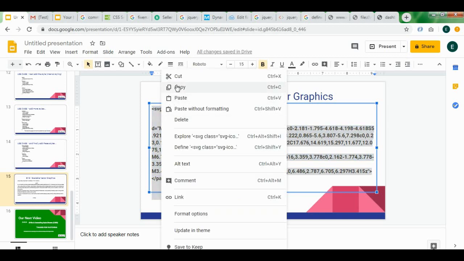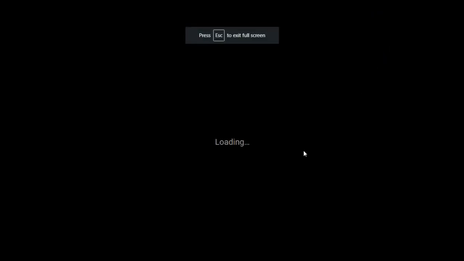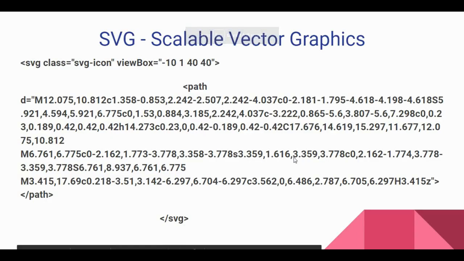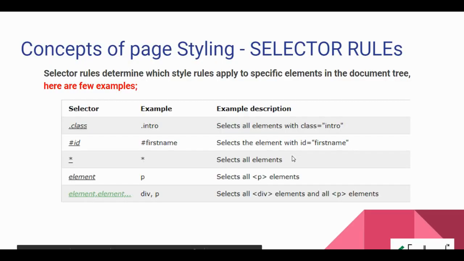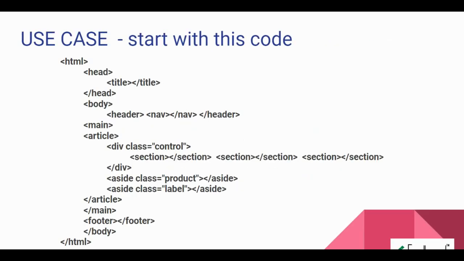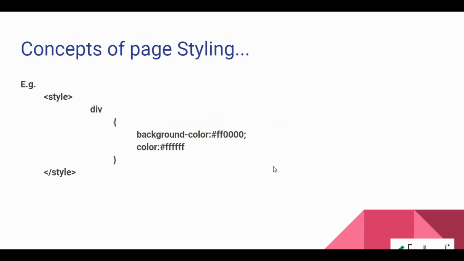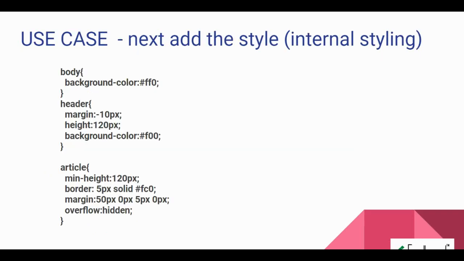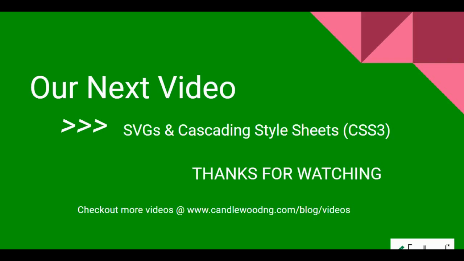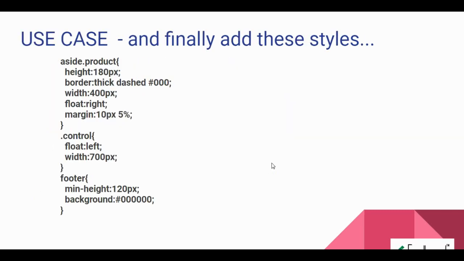So where am I going to put that exactly? Now recall, if we go back, you will see that this scalable vector graphic, that image of a human icon, sorry, the page is taking some time to load.